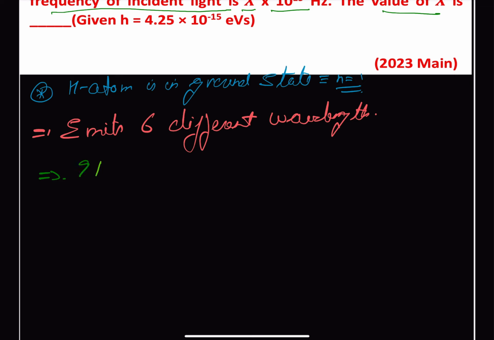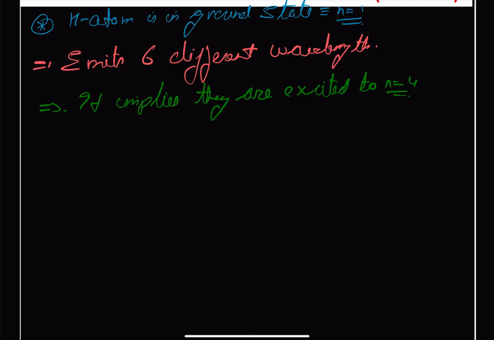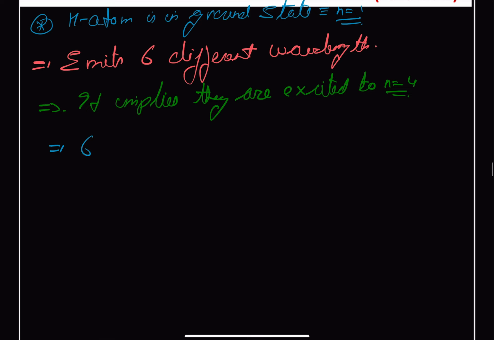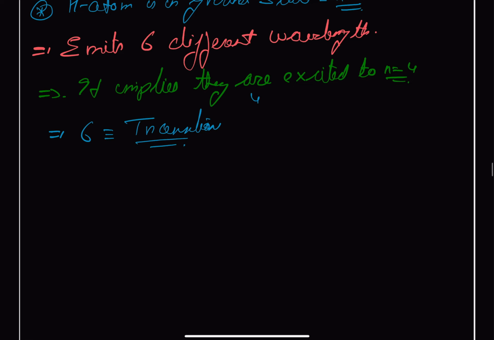It implies the atoms are excited to n equal to 4, and in-between levels will also be present. Remember there are 6 different wavelengths, or 6 transitions: 4 to 3, 4 to 2, 4 to 1, then 3 to 2, 3 to 1, and 2 to 1. So these are our 6 transitions.